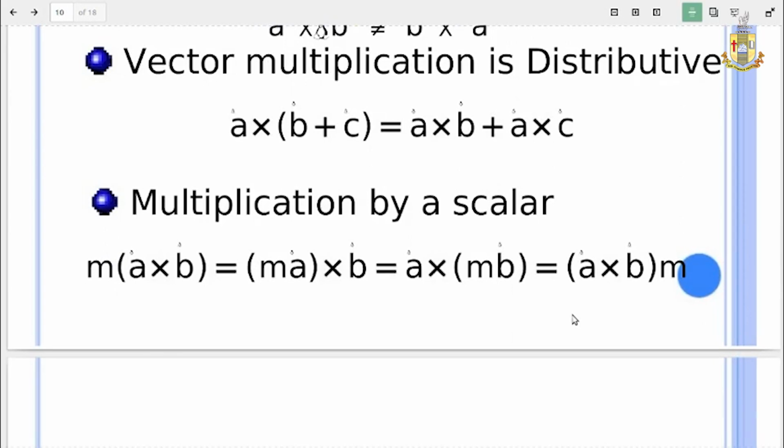So here we take m as the scalar: m times (A vector cross B vector) equals (m A vector) cross B vector, or you can write it as A vector cross (m B vector), or A vector cross B vector times the scalar. So the scalar multiplication property is satisfied in the vector cross product.